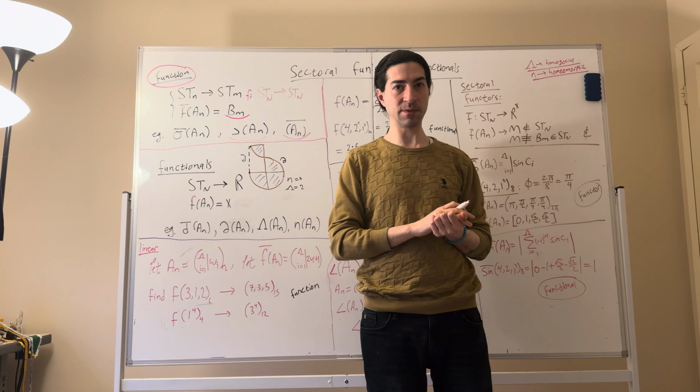However, homeomorphic sectoral functions are ones where the degree n is preserved. So that means we stay within the set ST_n, the small n, when we apply the transformation or the function. So instead of using the capital N, we can say small n. If that is the case, then we say this is a homeomorphic function.